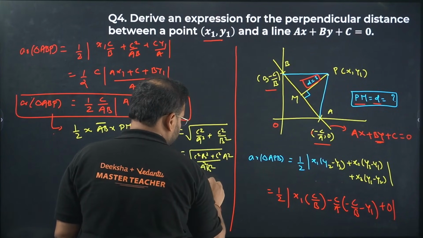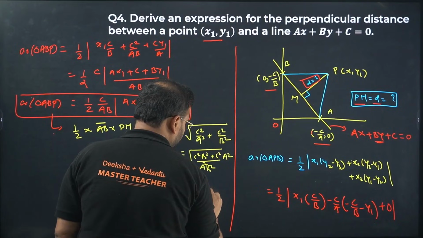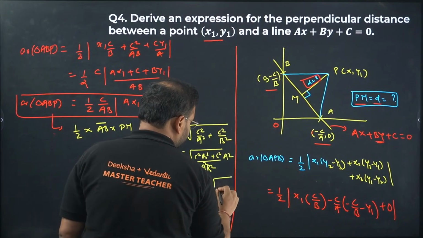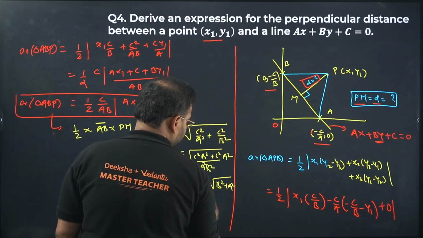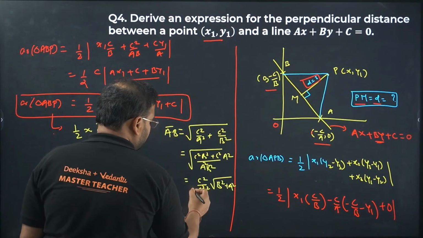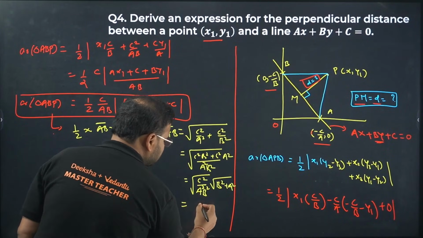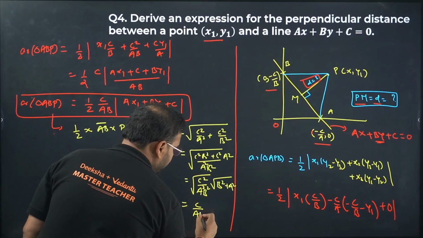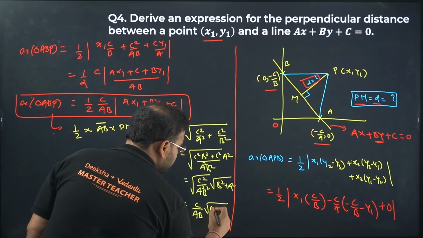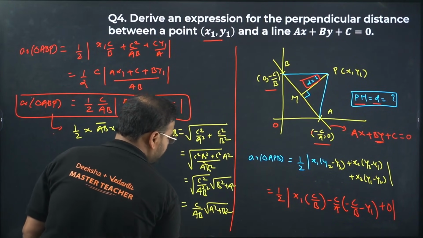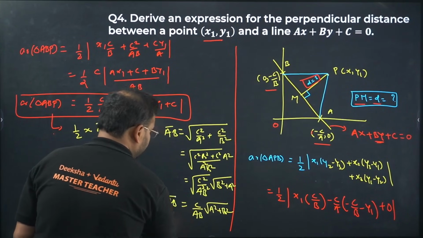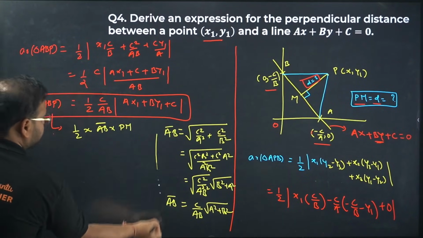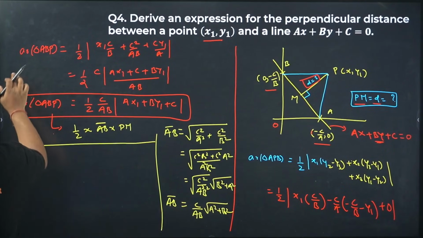Take C square by A square B square into B square plus A square. Of course this is also in the root. It comes out as C upon AB into root of A square plus B square. This is again the length of segment AB.